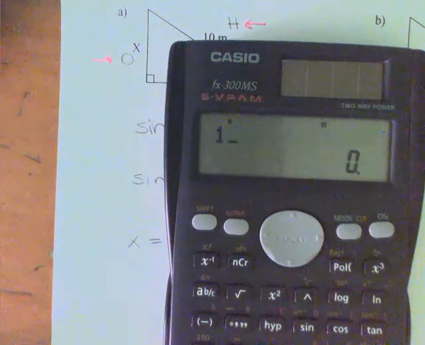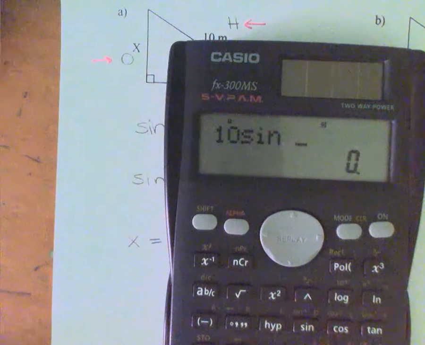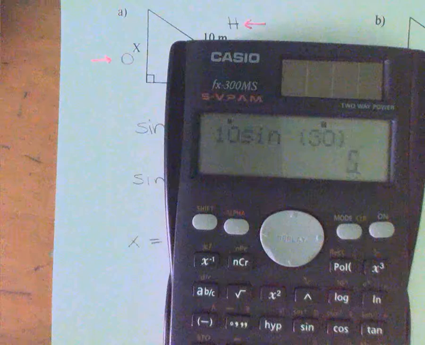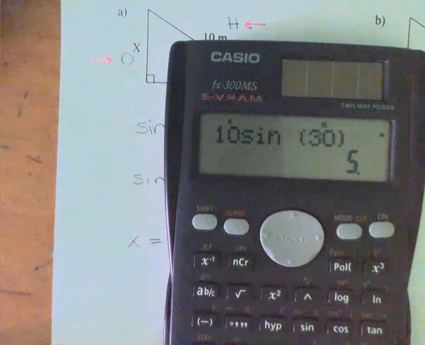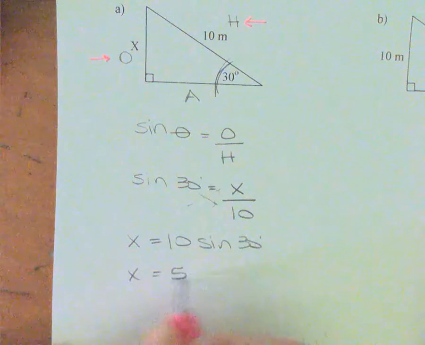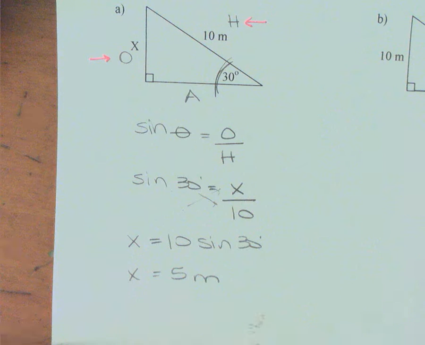So I'm going to do 10 sine, open bracket, 30, close bracket, and I'm going to hit equals, and I get 5. So I get x is equal to 5 meters. Again, depending on your calculator, you may have to do 30 sine times 10 equals to get the answer.